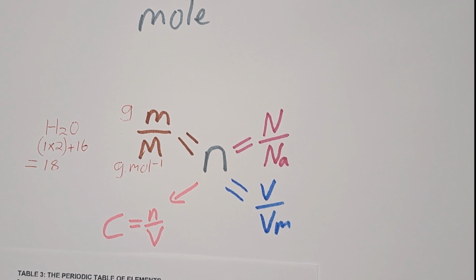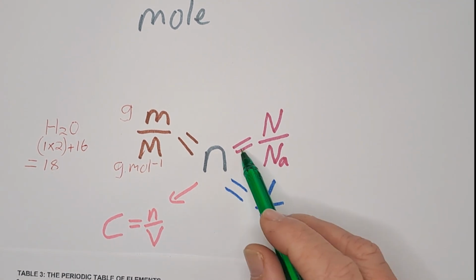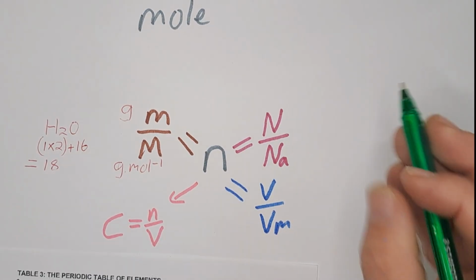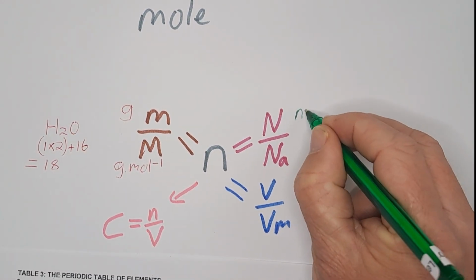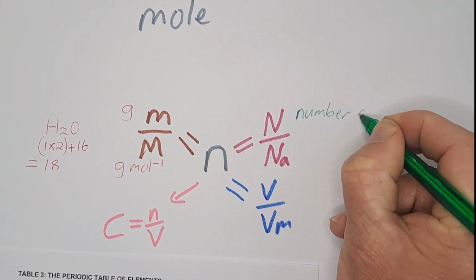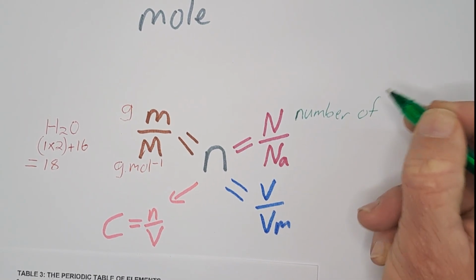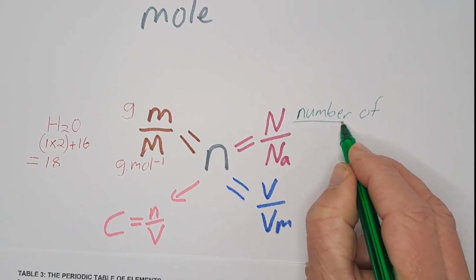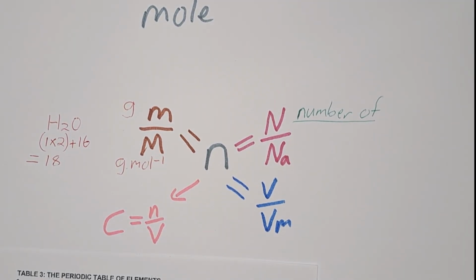Then the second formula is mole equals number of. It stands for number of. I want to say number of stuff. That is the key word that we have to look at. It's number of atoms, number of particles, number of molecules, the number of.